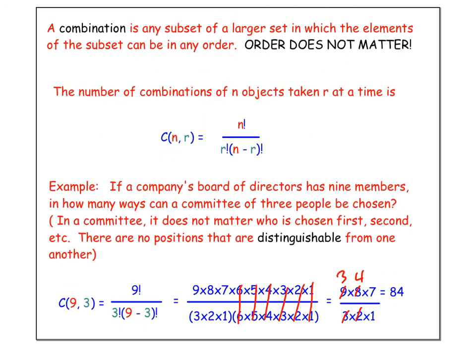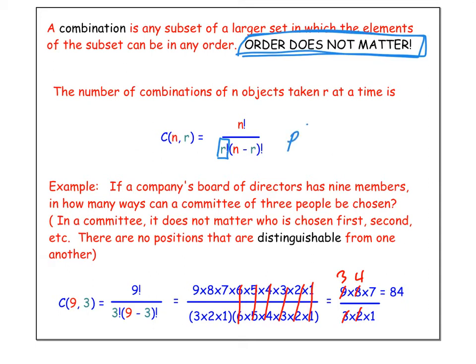A combination, versus a permutation, is any subset of a larger set in which the elements of the subset can be in any order. In other words, the order does not matter with combinations. The only difference between the permutation formula and the combination formula is this r factorial in your denominator.